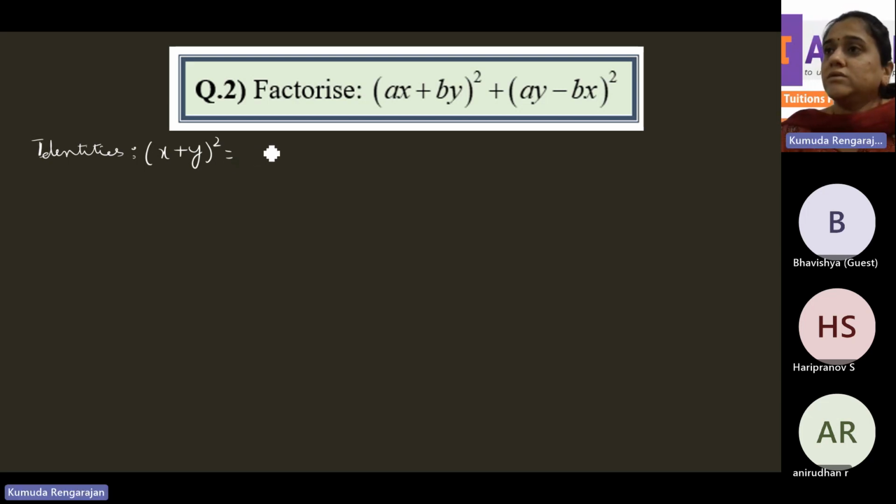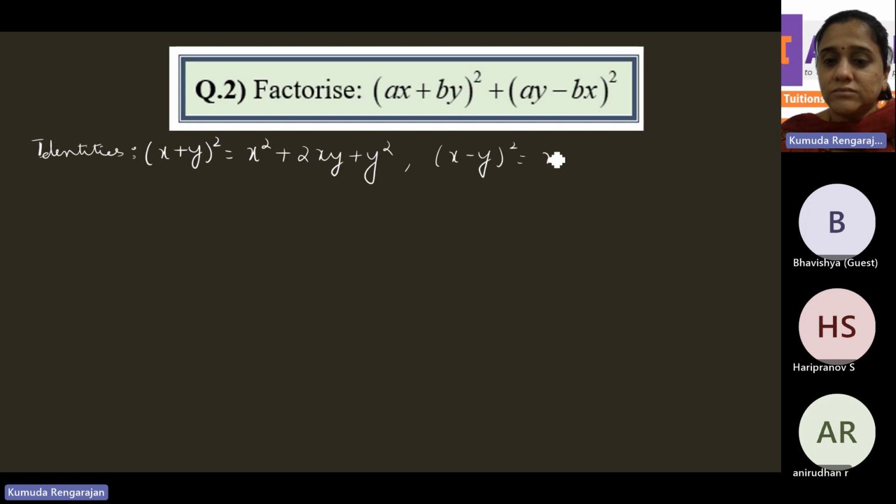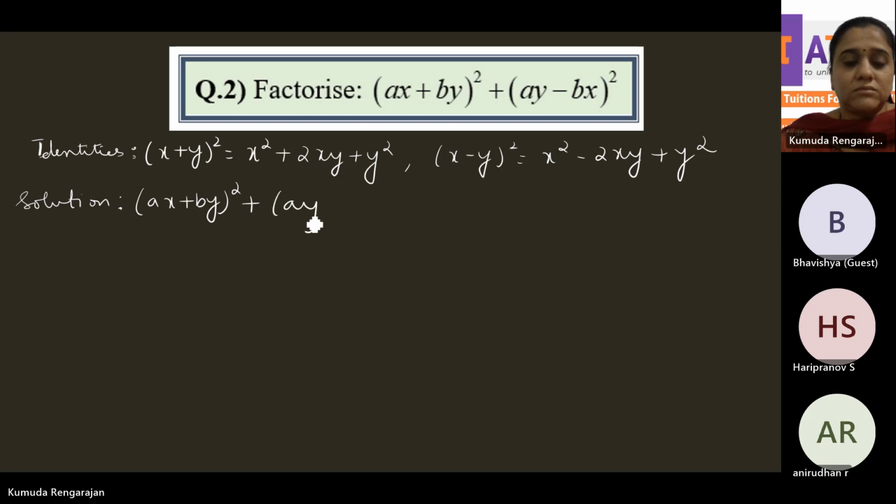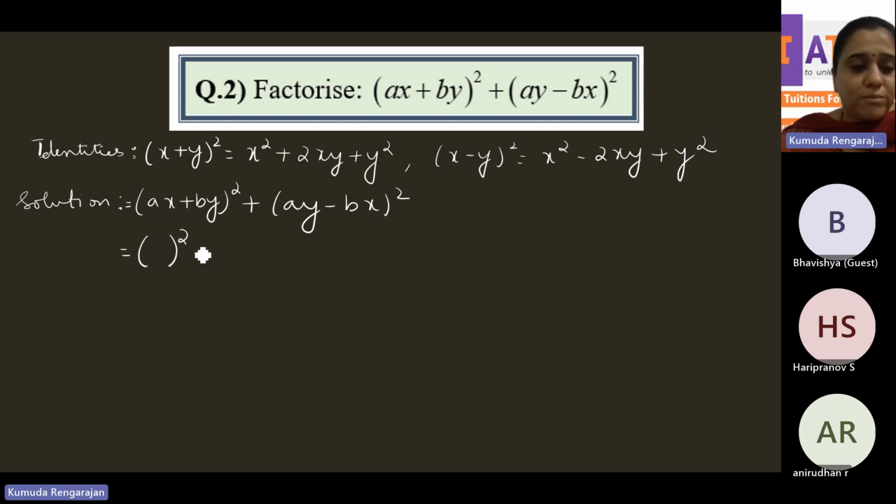What is expressed by the whole square? x squared plus. And what about x minus y the whole square? Expanded, see here: x squared plus 2 into x into y plus y squared.